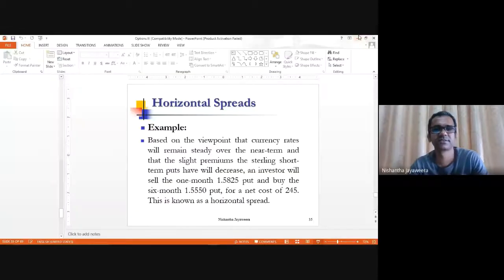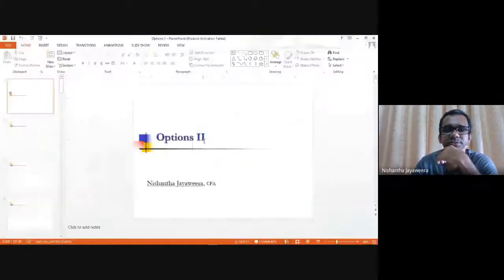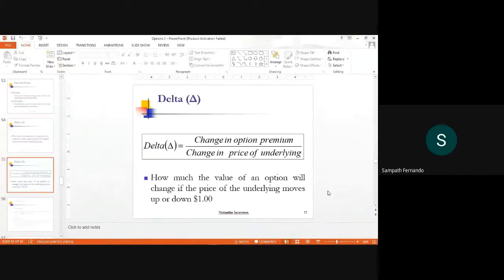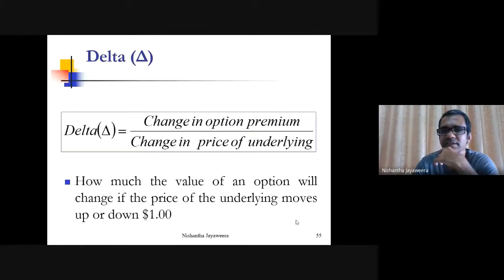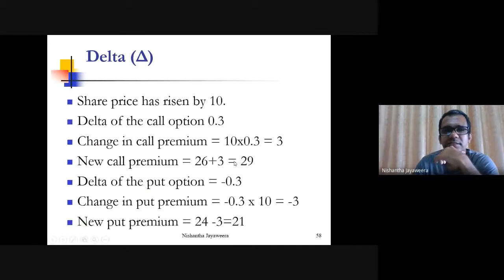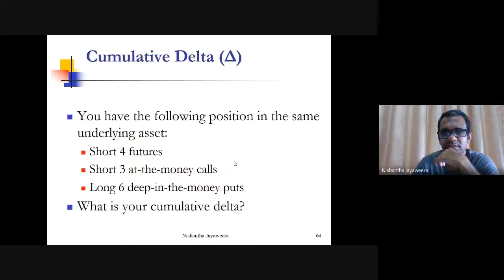It's not in this. It may be in option 2. Now we discussed this. What is delta? We discussed those.